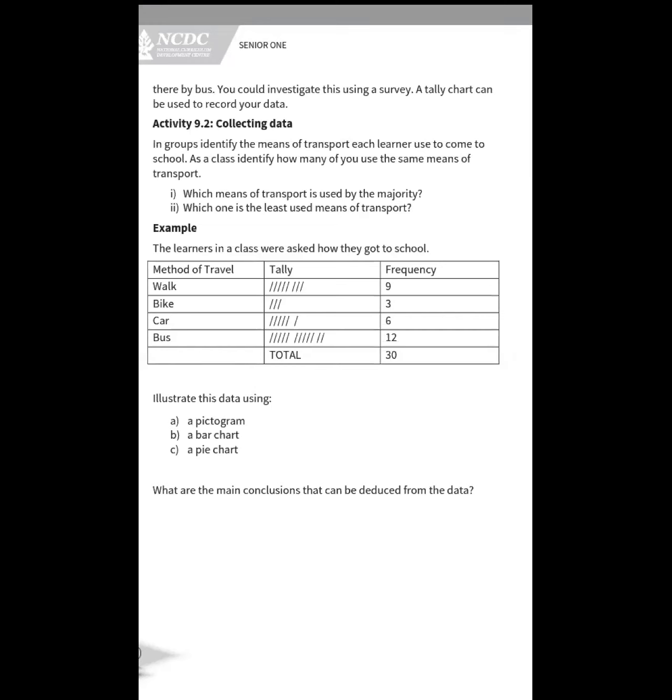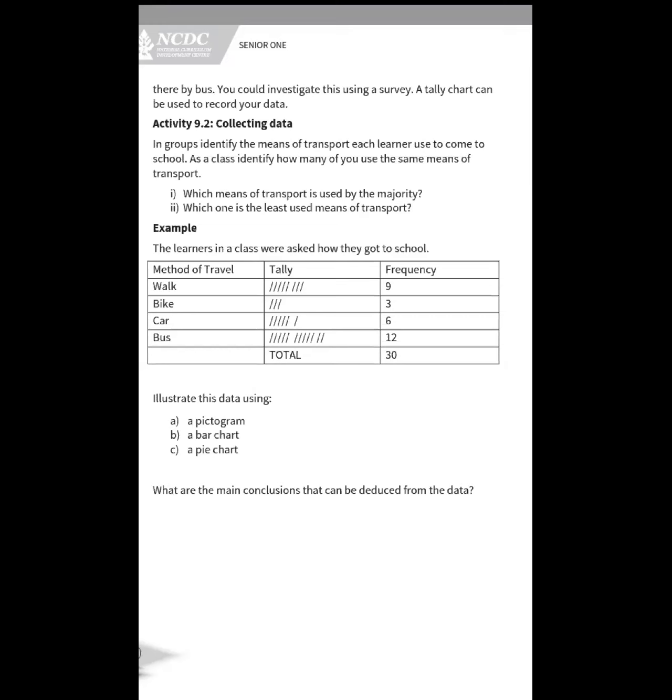You represent the information using pictures, but sometimes the digits might be too big, and there you need a scale to represent the big amount of something. So yeah, a pictogram is representation using pictures. Okay.